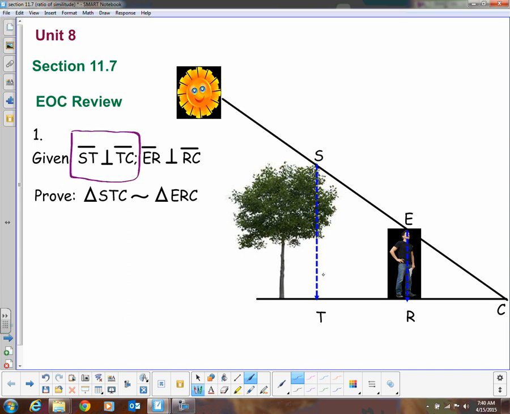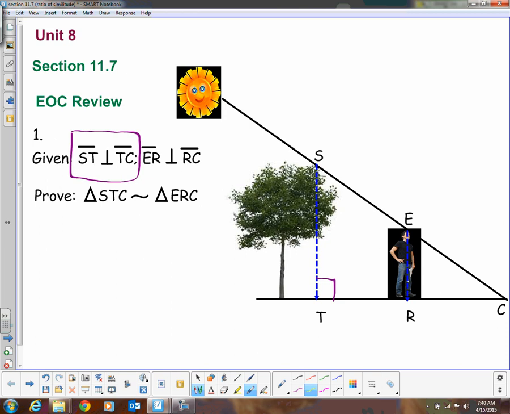If ST is perpendicular to TC, what do you know? What does perpendicular mean? 90. Where's the 90? How do you name that angle? STR is a what? Right angle. Okay. Are you given another perpendicular?